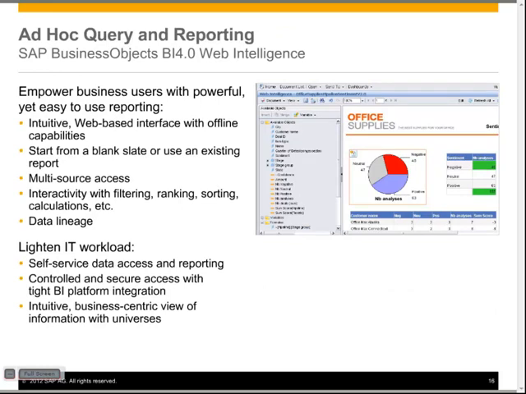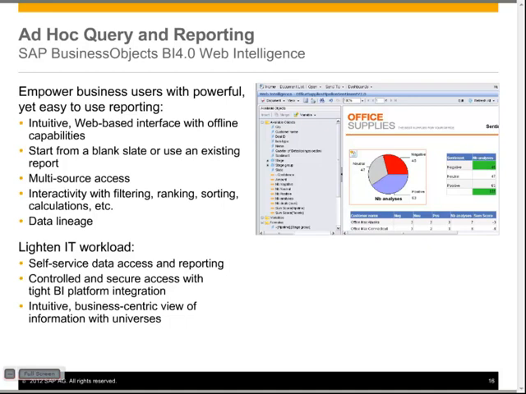But for more ad hoc query and reporting, then we have Web Intelligence. Web Intelligence can actually provide you with a very powerful interactive experience. It is a web-based interface. You can start with a blank slate, as in you decide for yourself completely how the report should look.